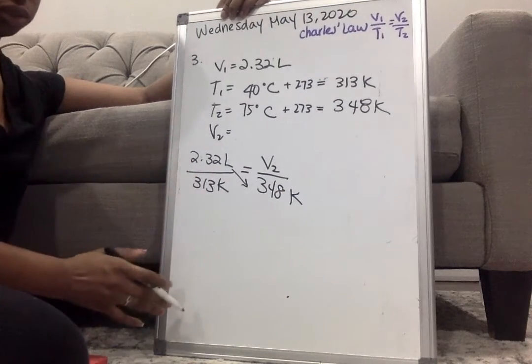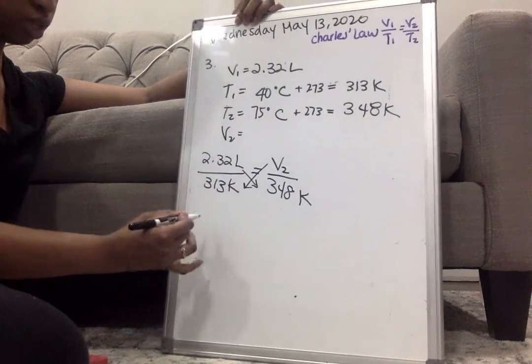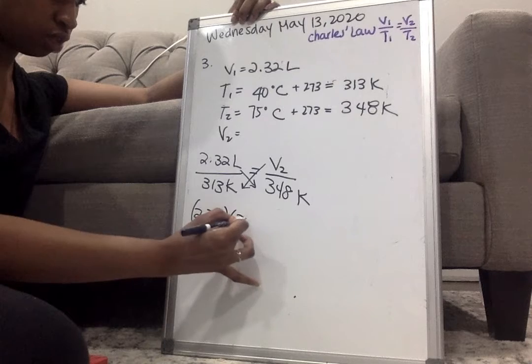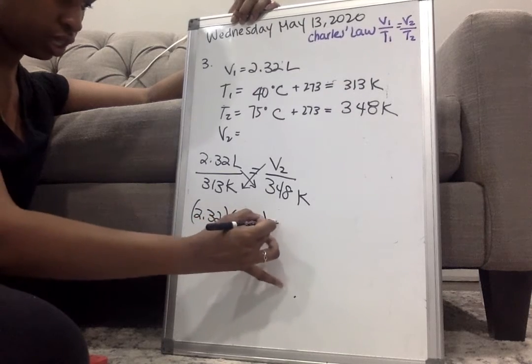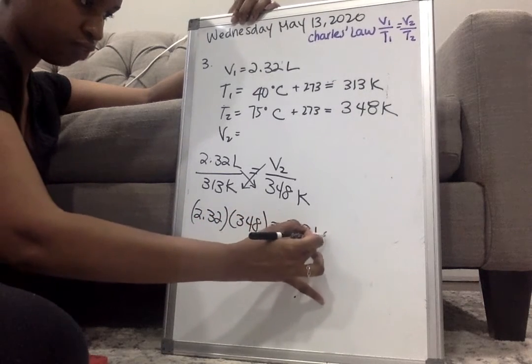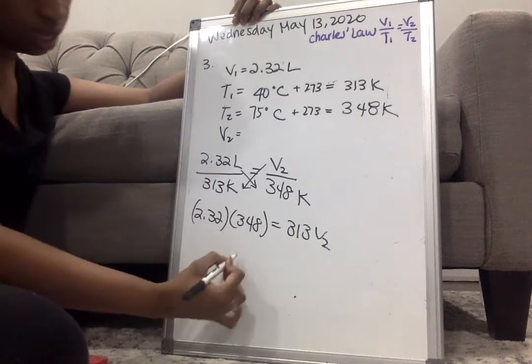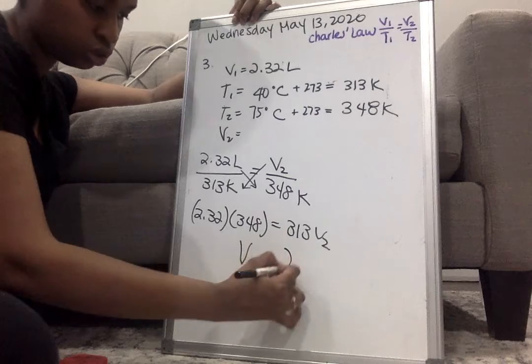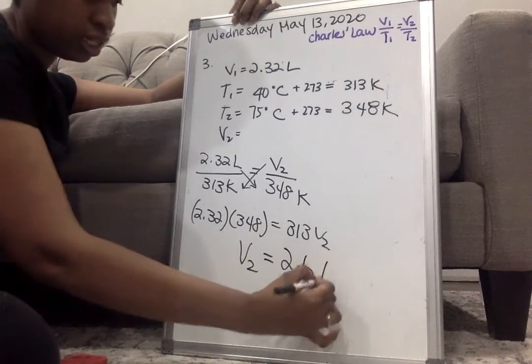Multiply those two numbers, 2.32 times 348 equals 313 V2. And then V2, the final volume should be 2.6 liters.